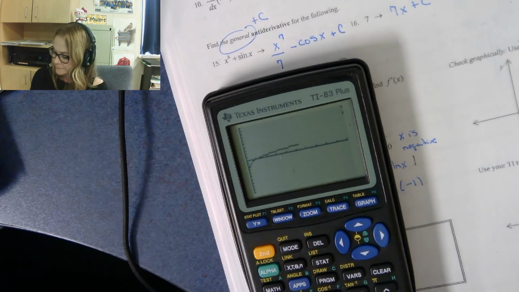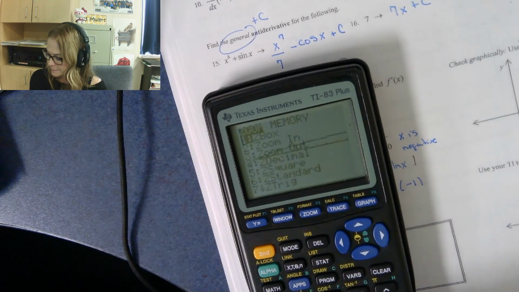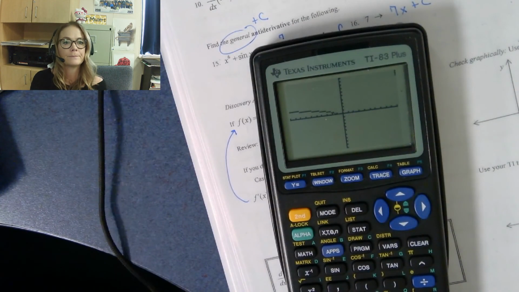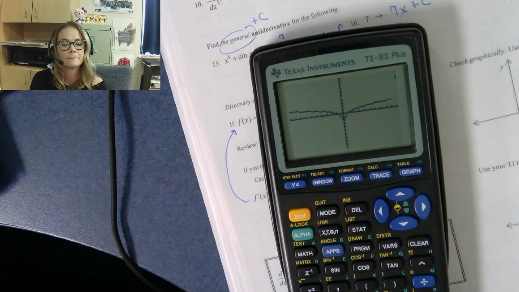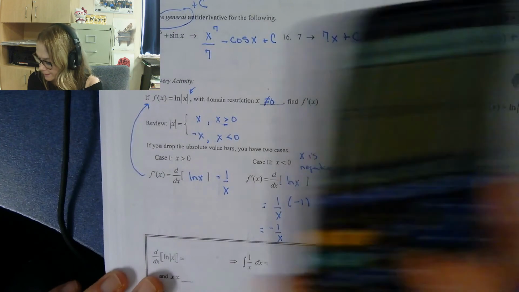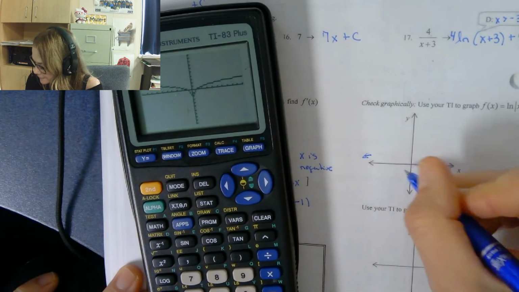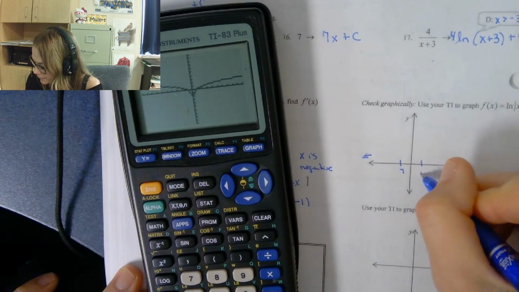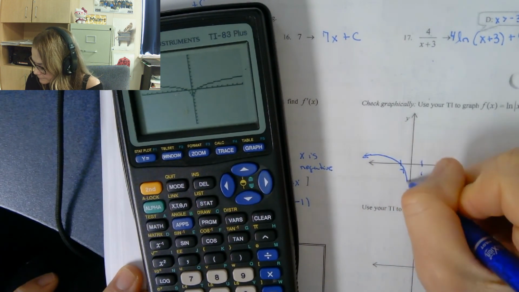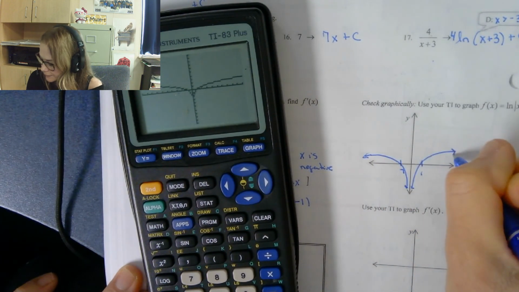Sorry, I was jumping down here. Okay, let's do a zoom 6. There we go. Let's put that on our graph here. And yes, this is negative 1 and 1. So with the absolute value, you're just able to get the ln over to the other side.